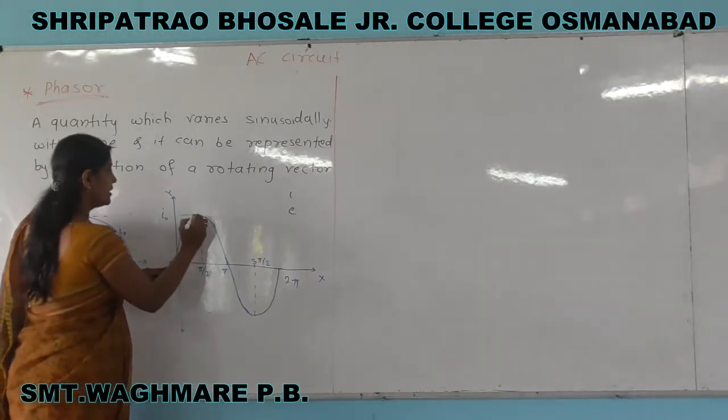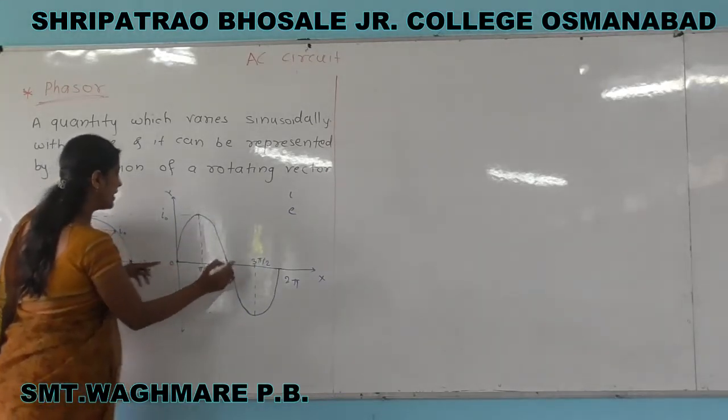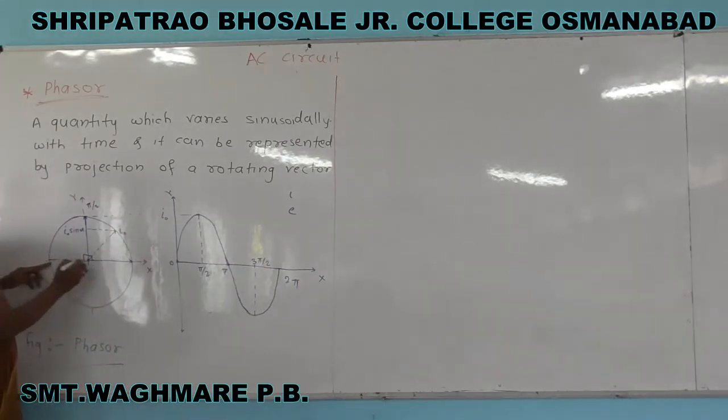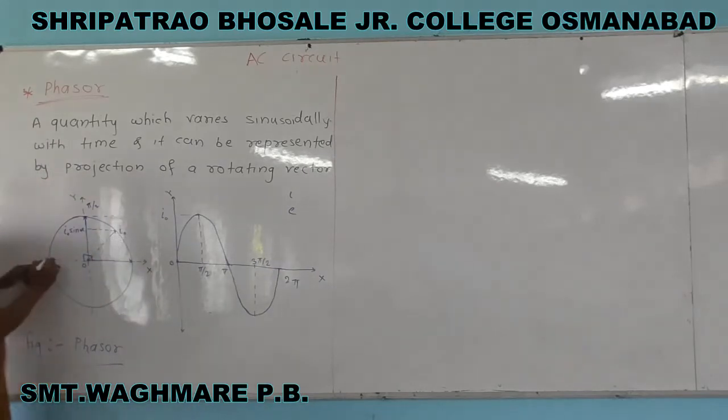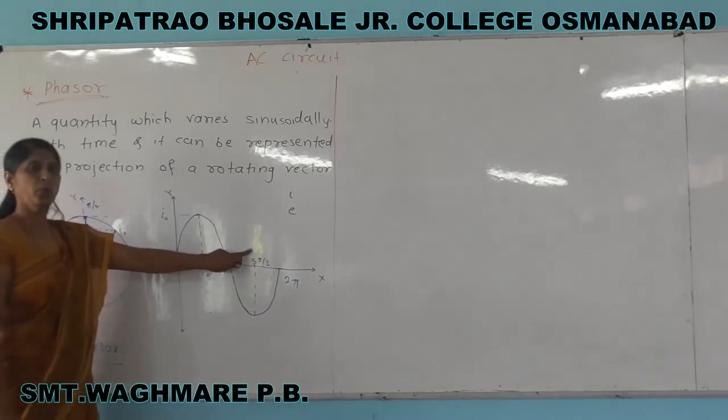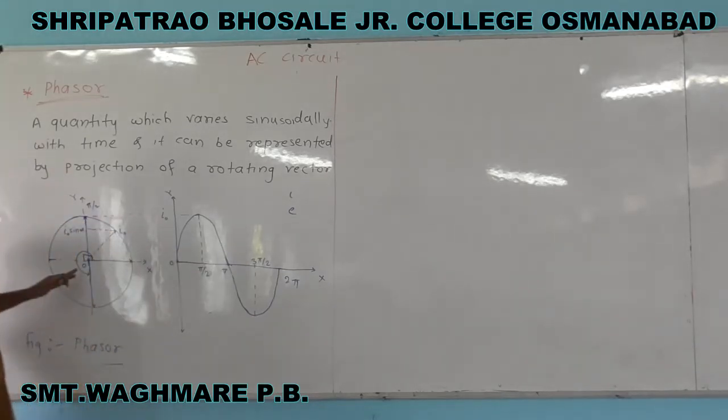That is, at that instant the current is 0. When this vector rotates through an angle to this position, the angle is 3 pi by 2, or we can say 270 degrees, and therefore we get the negative value of current.